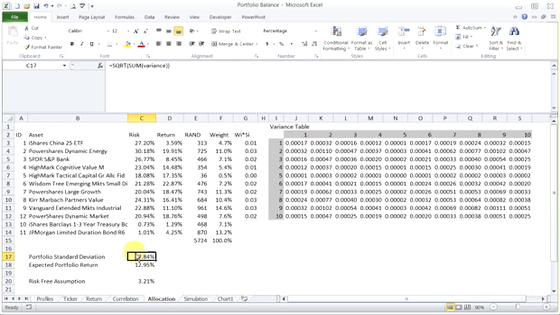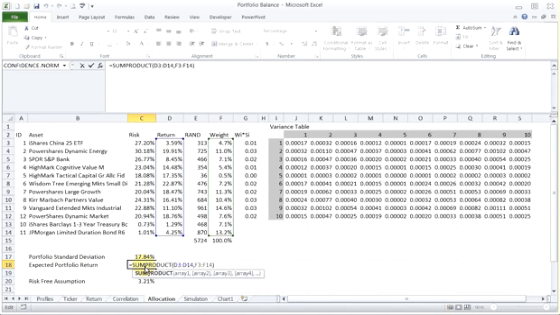And the expected return is the weighted return of the portfolio. So we use sum product, this array times this array, and add it all up. So that is the expected portfolio return, and that translates into our x and y coordinate for the efficiency frontier, which is our next step.